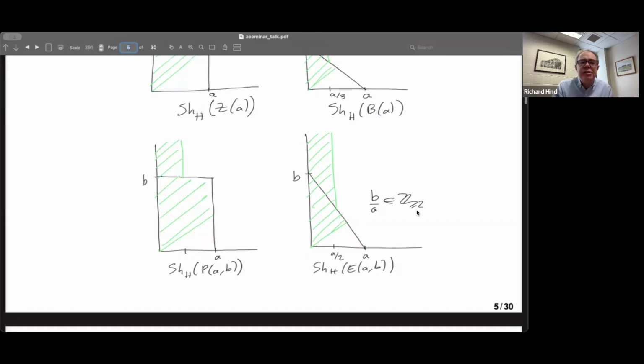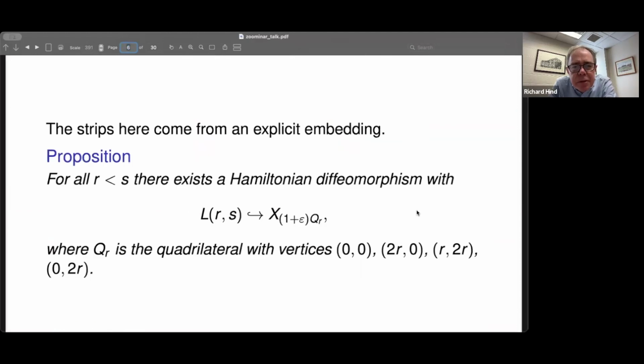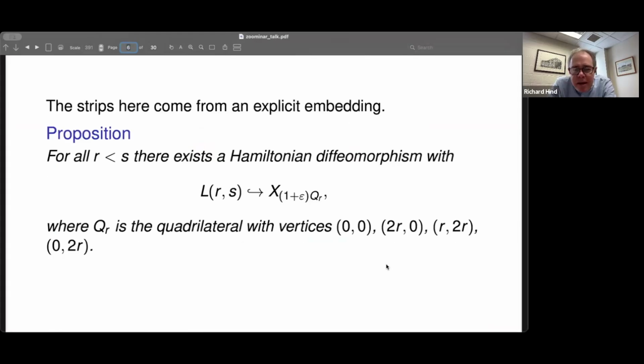And then, it's just the slide where those strips are coming from. It turns out that if you have any r and s, r less than s here, there is a Hamiltonian diffeomorphism taking the Lagrangian torus into the toric domain for this quadrilateral here.